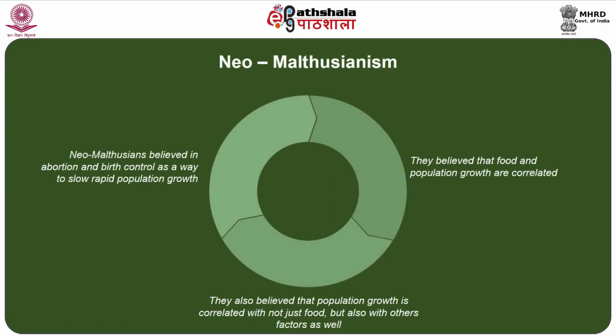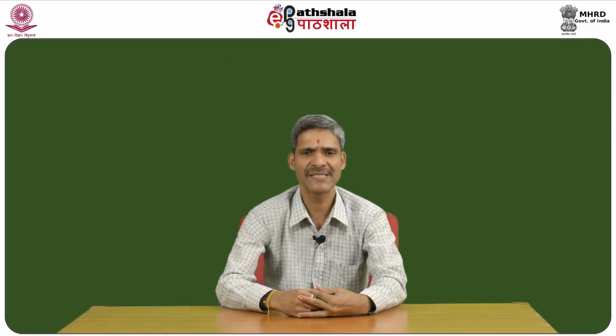There is also a belief that food and population growth are correlated. That means the rate of growth in food production and the rate of growth in population are correlated. This was another belief of the Neo Malthusian thinkers.